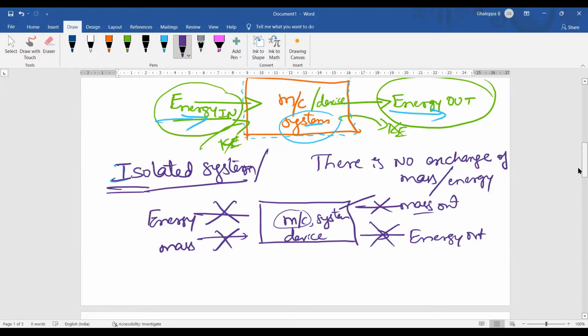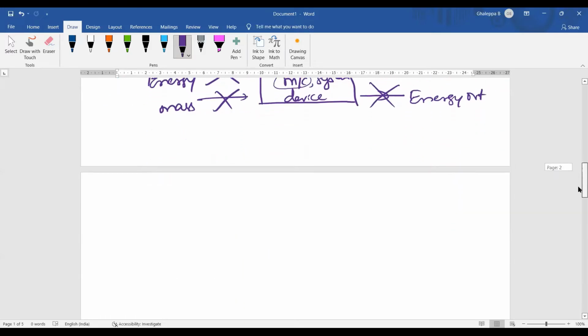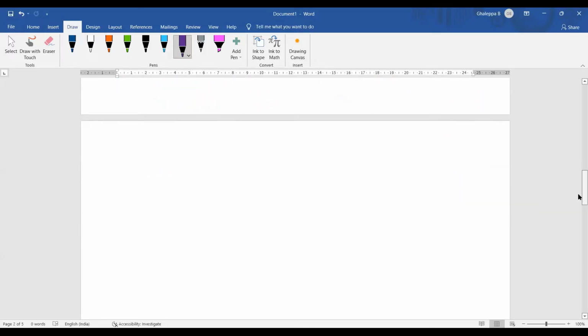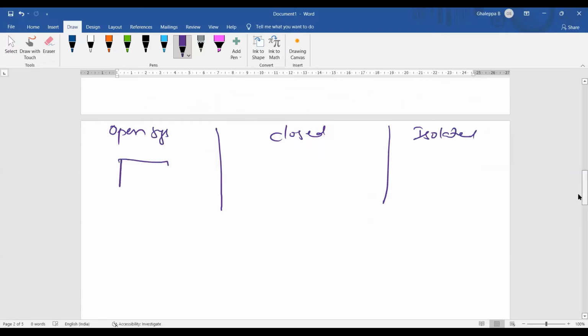Now, dear students, I will give some examples. Based on that, you tell me whether it is an open, closed or isolated system. To understand open and closed, I will give a simple summary table here. In the open system, there is exchange of mass as well as exchange of energy.